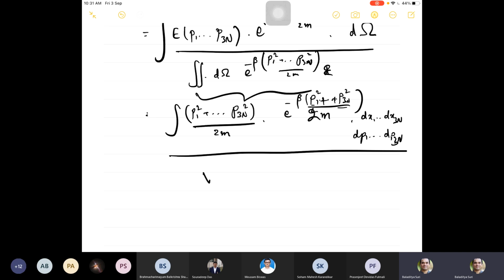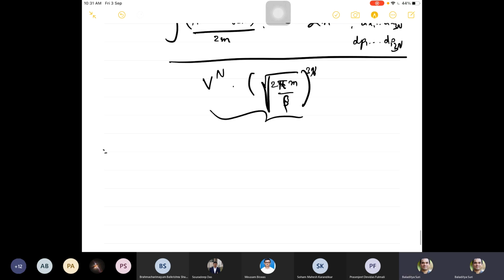The denominator looks like v power n times the square root of 2 pi m by beta, all to the power 3n. Now this factor is constant for everything, so I'll just bring it out. I'll say it's 1 by v power n square root of 2 pi m by beta power 3n.